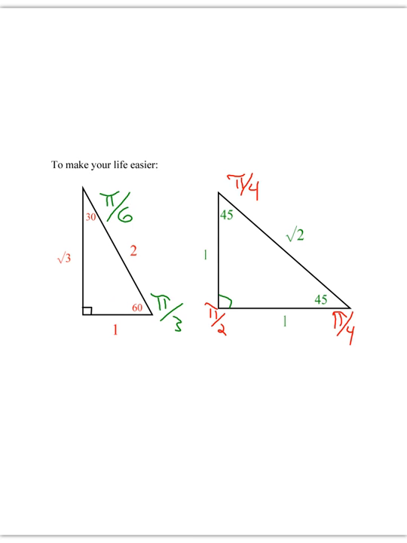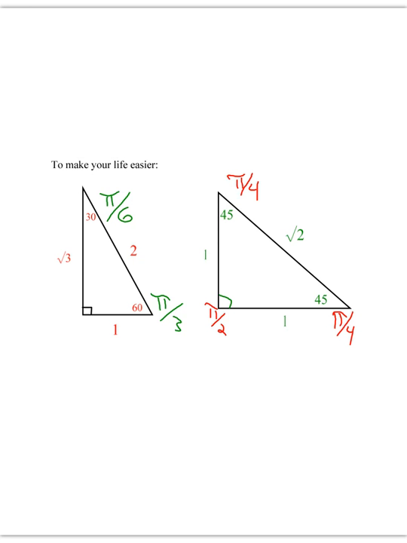This is just to remind you of our special right triangles. Muy importante, that's very important in Spanish. If you know your special right triangles, you have no reason to ever memorize the unit circle.